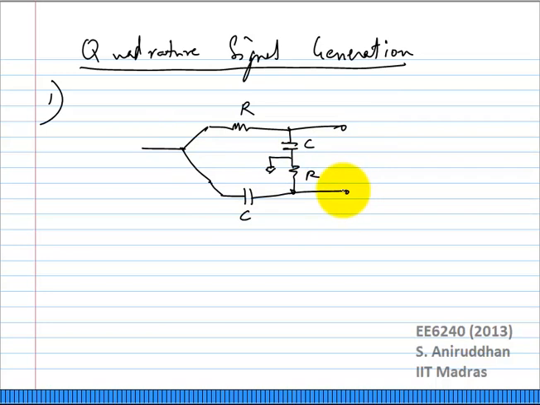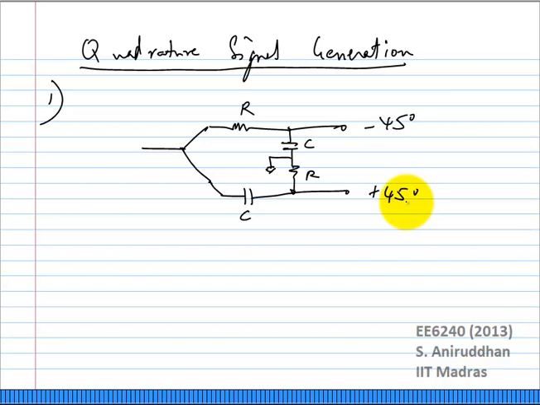We have seen this circuit before. It splits into plus 45 degrees and minus 45 degrees, right? We have seen this for quadrature generation. We saw this as part of the image reject architecture in receivers.